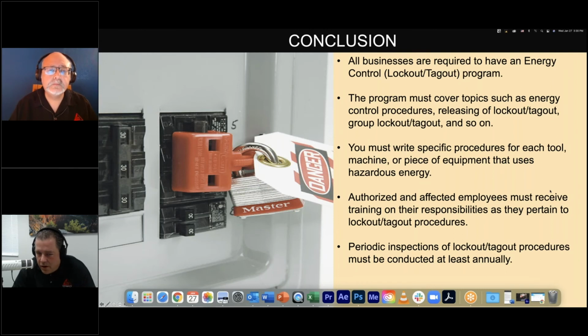But they are required to follow the lockout-tagout procedures, and you are required to have lockout-tagout procedures for each process, or more, depending on what you're doing. Maybe the machine needs to be locked out differently for different things. You'll need to have a lockout-tagout procedure for each one.